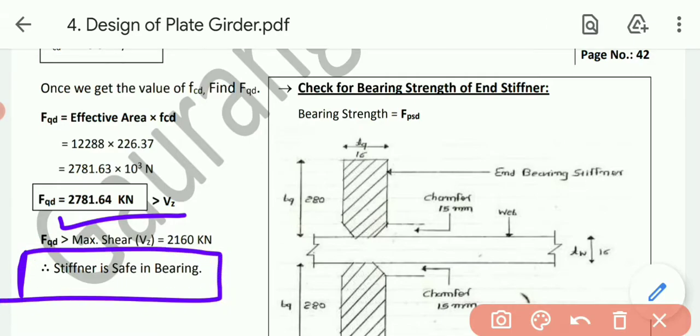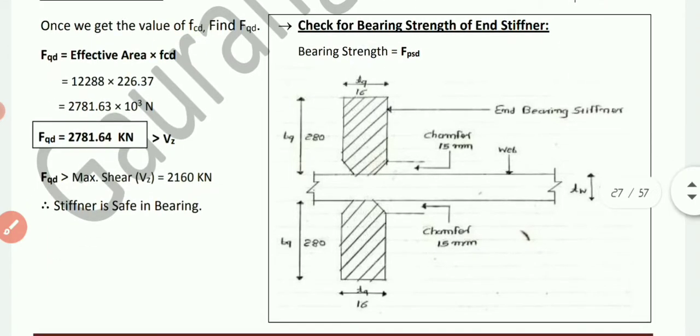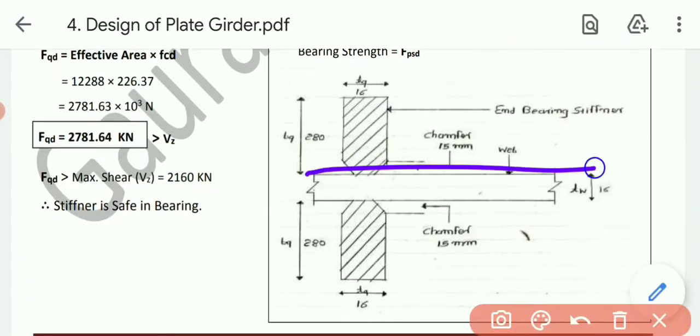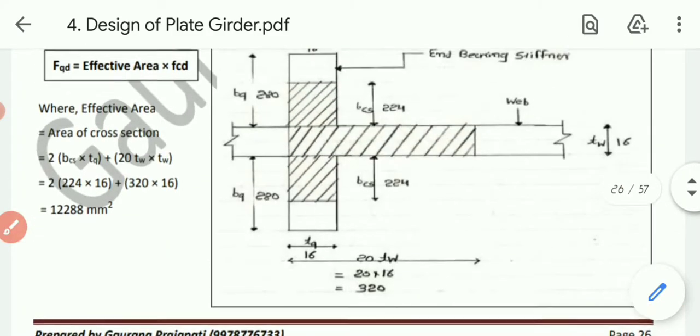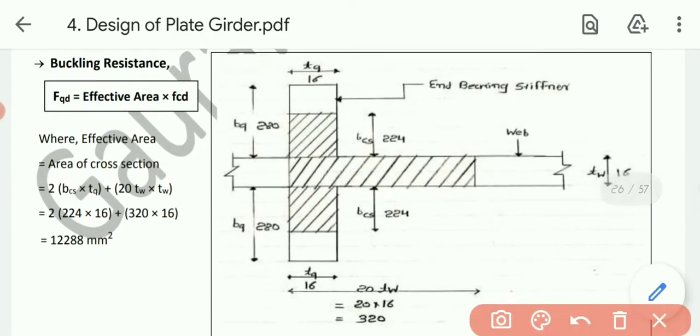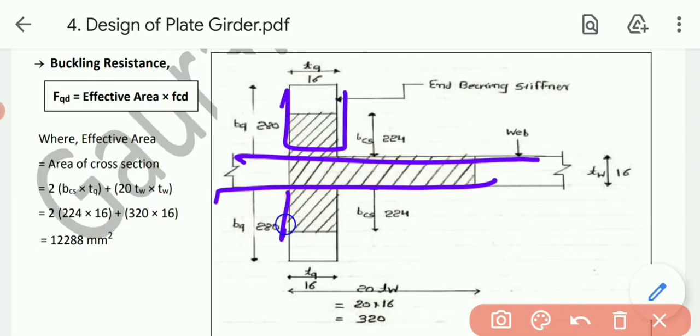Okay, now what next to do? We need to join the stiffener with the web using welding, and in order to provide the welding, we need to provide a chamfer to the stiffener. Usually in the previous figure we can see that the surface of the web is flat, as well as the stiffener is also flat.